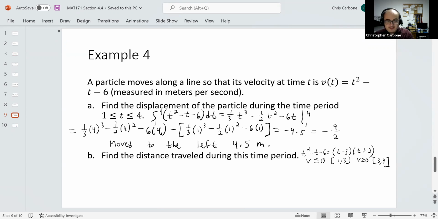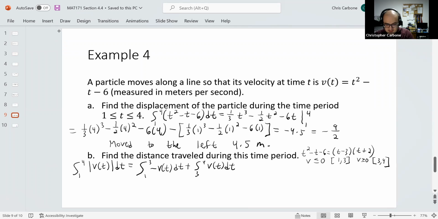So what does that mean? That comes into play with this. We want the integral from 1 to 4 of the absolute value of v of t dt. And we could break this up since we have a negative velocity versus a positive velocity. So let's do the negative first. This would be the integral from 1 to 3 of the negative v of t dt plus the integral from 3 to 4 of just v of t dt.